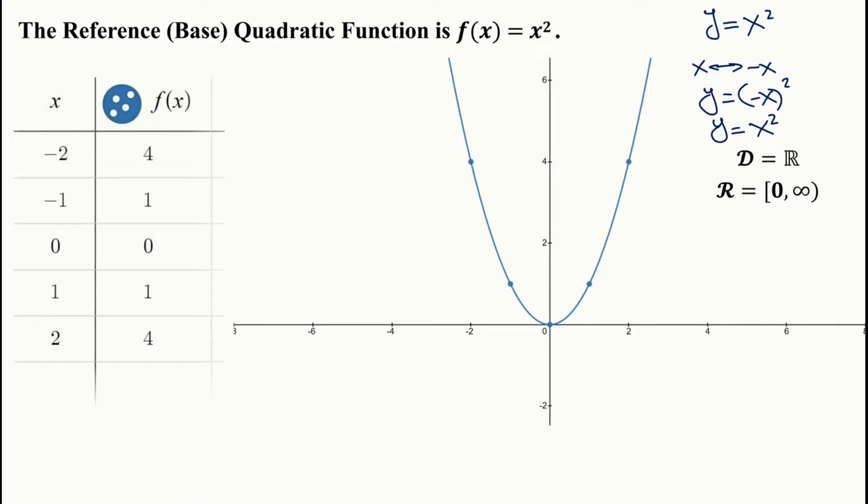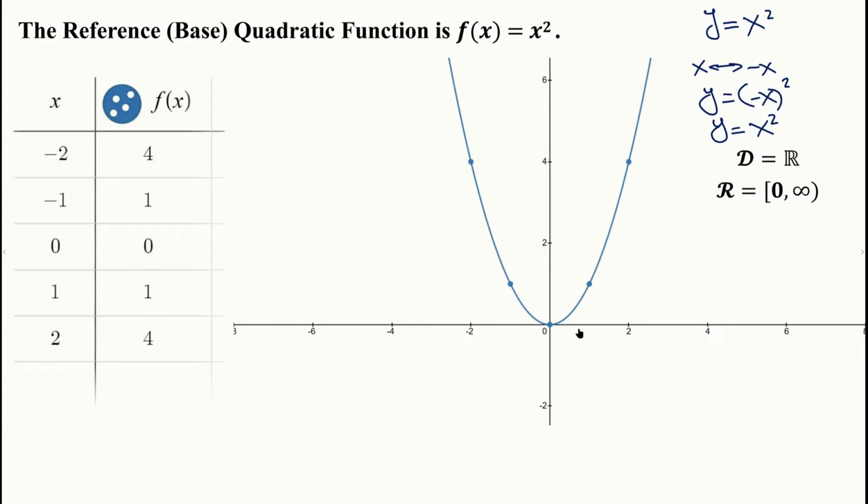Since changing x and negative x doesn't change the original equation, we know this is going to have symmetry with respect to the y-axis. And this line right here, in fact, the y-axis itself, is what's called the axis of symmetry for this particular parabola. The domain is all real numbers. There's no real number you can't plug into this expression.